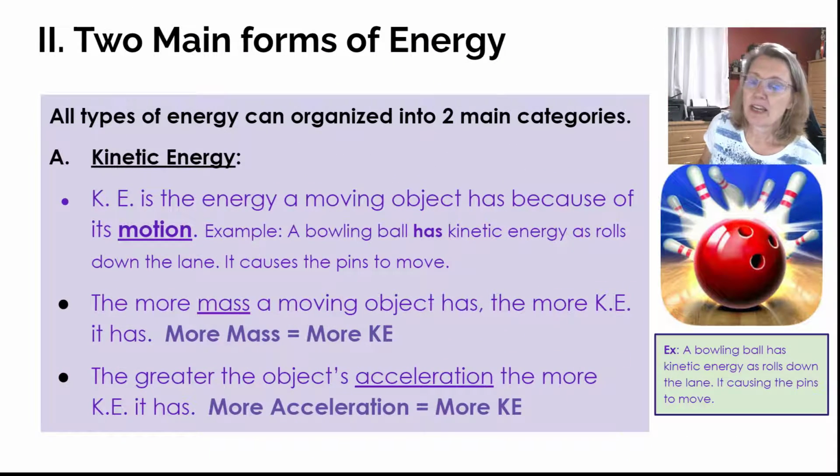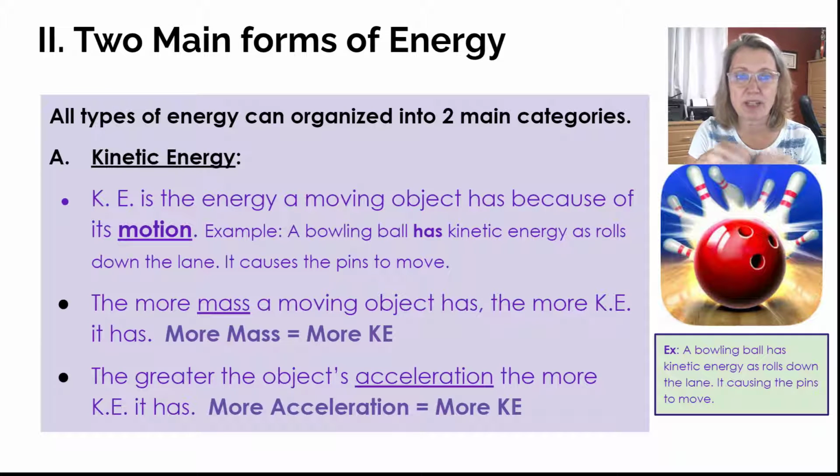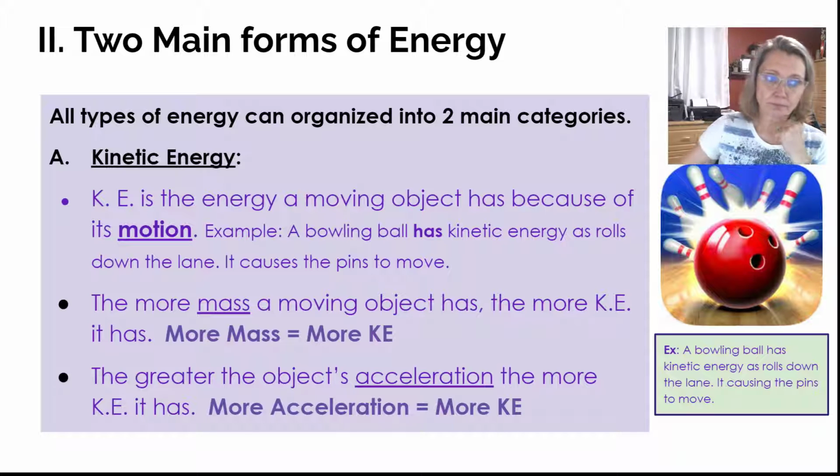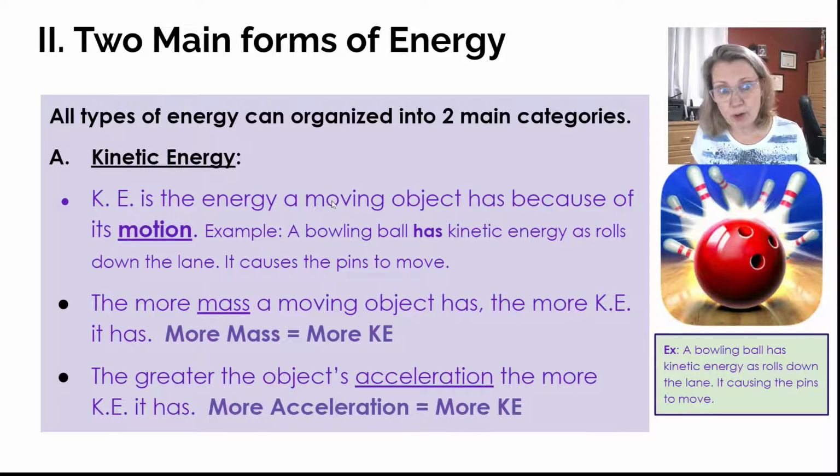All right. Now, there are actually many forms of energy. These are the two main forms, which I am about to get into, but there are subcategories within these two main forms. And these two main forms are kinetic energy and potential energy. Kinetic energy is the energy that a moving object has because it's in motion.